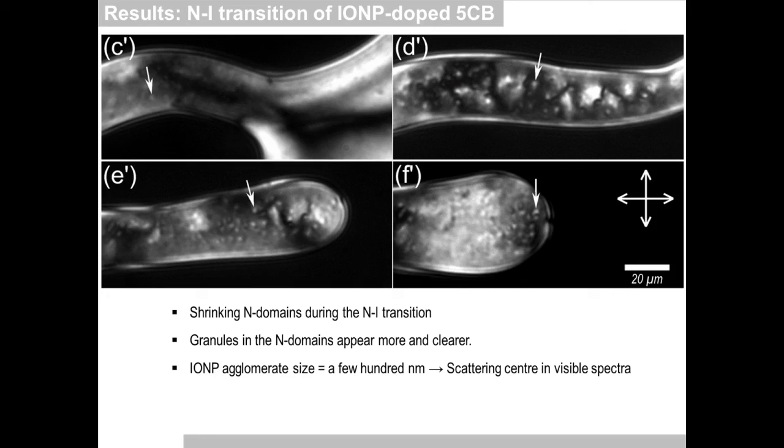As was confirmed in the cryo-TEM, the particle agglomerate size is a few hundred nanometers, which act as the scattering center in the visible spectra, and these granules become crowded as the nematic domain contracts.